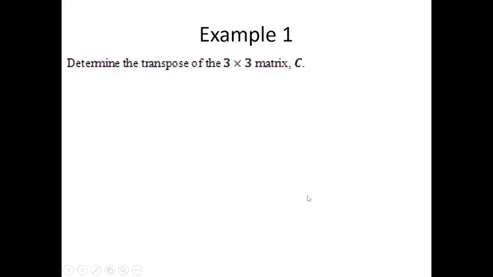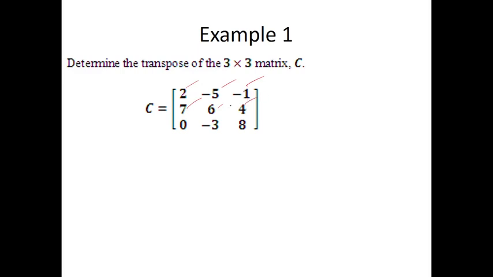For example, if we are to determine the transpose of the 3 by 3 matrix C, so C equals the matrix with the elements 2, negative 5, negative 1, 7, 6, 4, 0, negative 3, 8. I'll get the transpose of it. So what is C transpose?